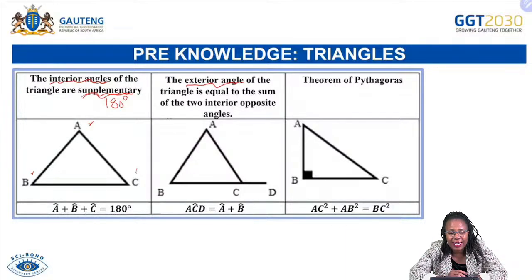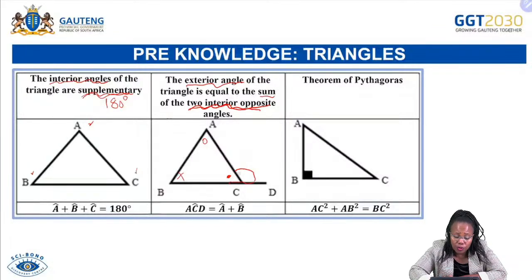And then the next one, the exterior angle of a triangle is equal to the sum of the two interior opposites. Now this is the exterior. You can't take this one because it is a straight line to that one. So when you talk two interior opposite angles, it must be this angle plus that one.